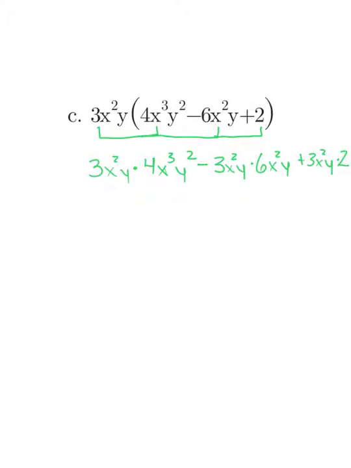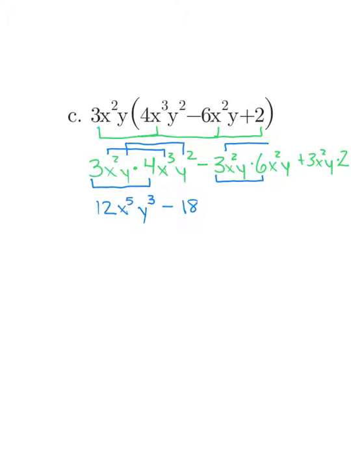Now if we go ahead and multiply and combine our like bases, we get 3 times 4 is 12. X squared times x cubed is x to the 5th. And y times y squared is y cubed. For the second term, we get minus 3 times 6 is 18.